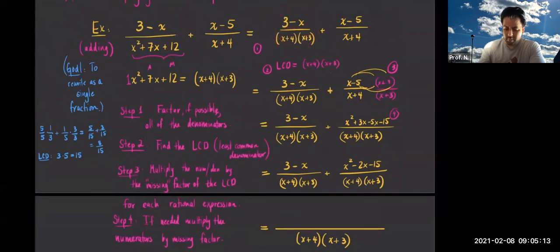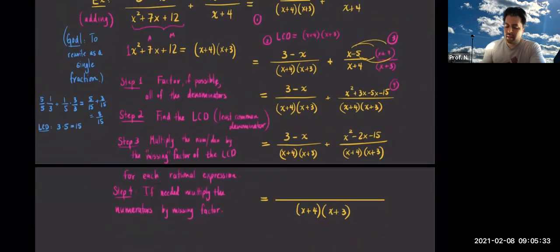I only have to change the fraction that doesn't have the LCD. So I am missing the x plus 3 for this fraction, right? And then I multiply the top and the bottom by that missing factor, and then I multiplied these numerators out, and then I combine like terms, and now I have the same denominator.